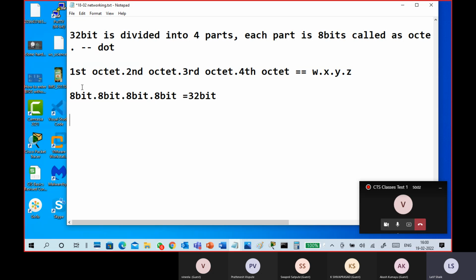Next, there is a question: the IP address range. It starts with 0.0.0.0 in decimal format. If you write this same thing in binary format, it looks like this.